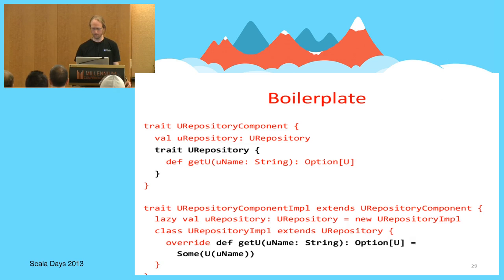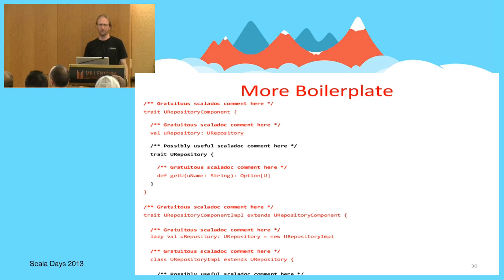So let's take a look at the boilerplate. This is the same slide I showed before, except I put in red everything that doesn't matter. I'm a U repository. I have this signature, and this is my default implementation, right? The rest of it is noise. It actually gets worse if you're like me and you feel compelled to write Scaladoc comments on everything that's public.